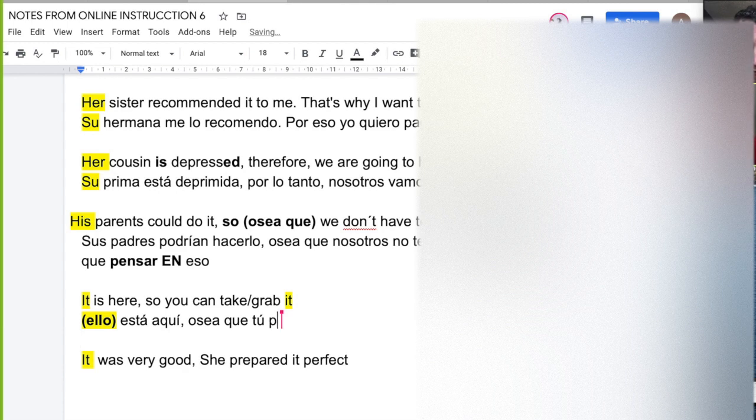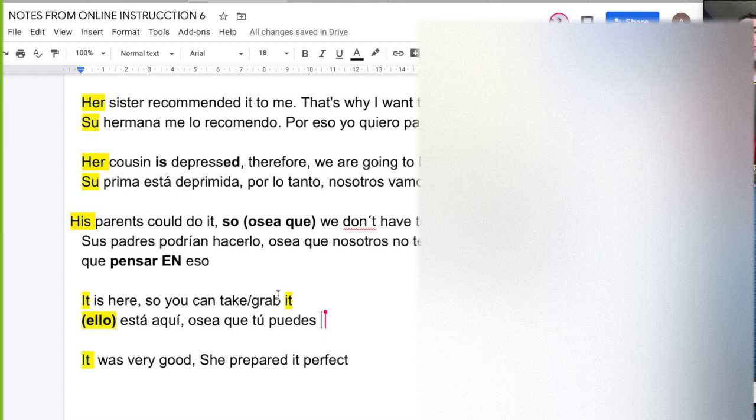O sea que tú puedes ponerlo. Poner is to put. No sé. ¿Tú sabes, no, Finn? No comprendo. Está bien. ¿Tú sabes? No. ¿No recuerdas? Vale, to take could be llevarlo. Vale, that is one.